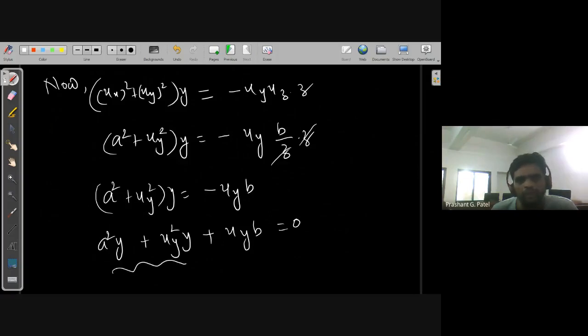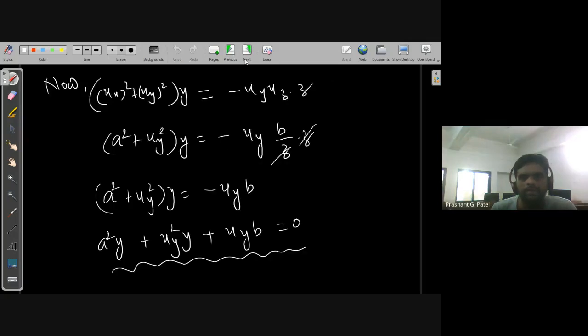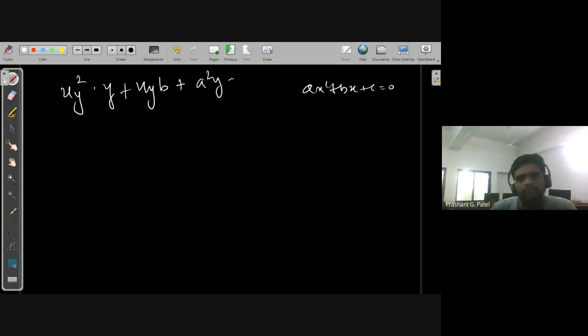This is a quadratic equation in terms of uy. So you can have one solution for that, like ax square plus bx plus c equal to 0. This type of equation is this: y uy square plus uy b plus a square y. So this is the value of c, b is b here, and instead of a we have y.